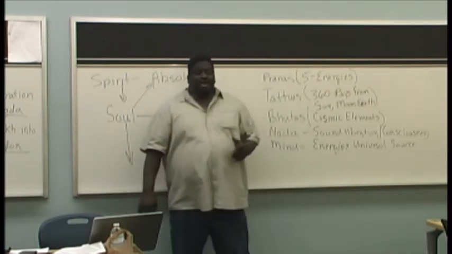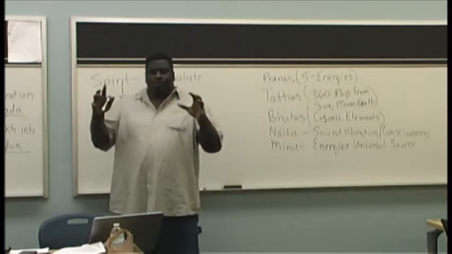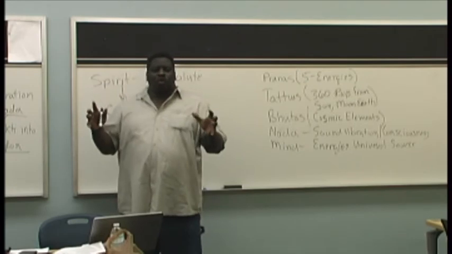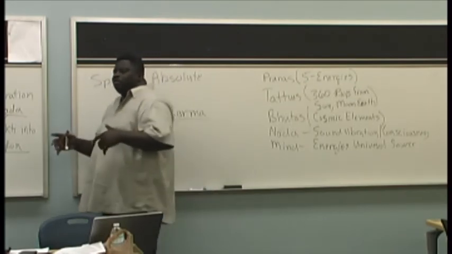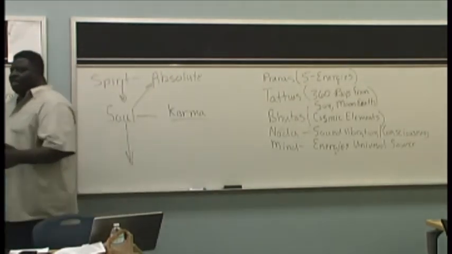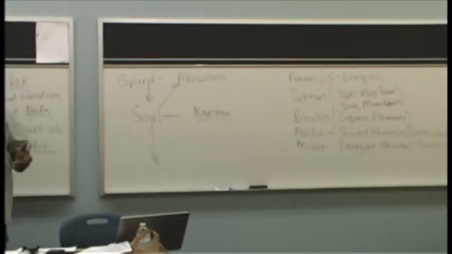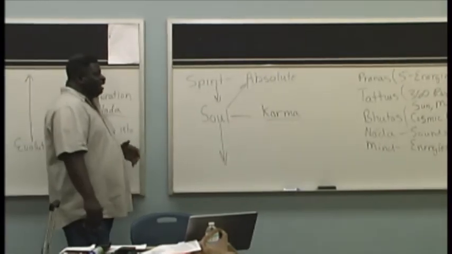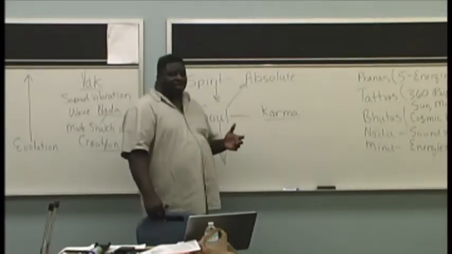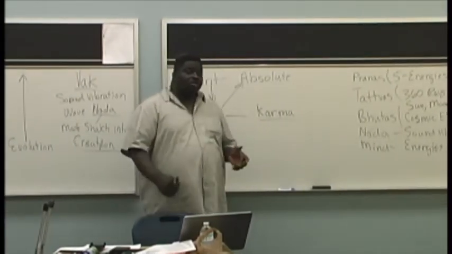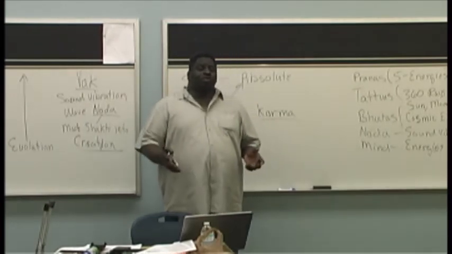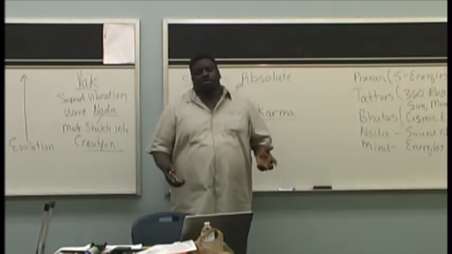Now, understand that the auric body that the soul creates for its state of consciousness, right? The auric body that the soul creates for its consciousness has a karmic signature. And that's what dictates who you are, and where you're placed.